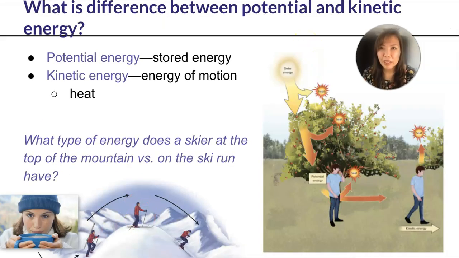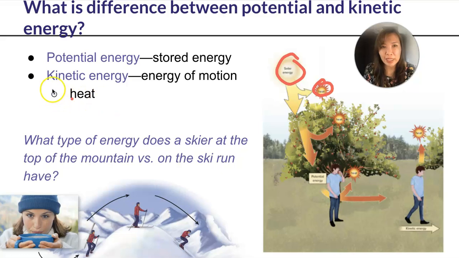So let's look at this picture right here and compare the difference between potential energy and kinetic energy. Here's the sun, right? This is our original energy source. The sun is releasing a lot of thermal energy as heat. And this heat, which at this time is kinetic energy, is going to be used by these plants.